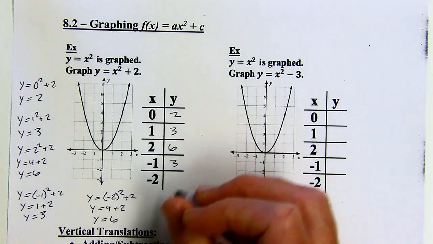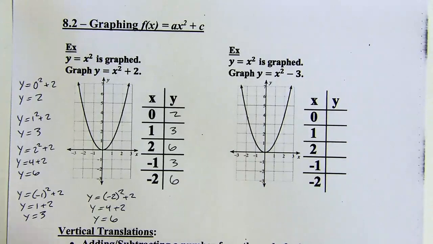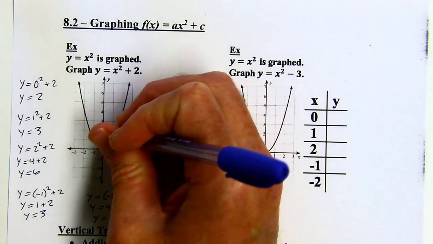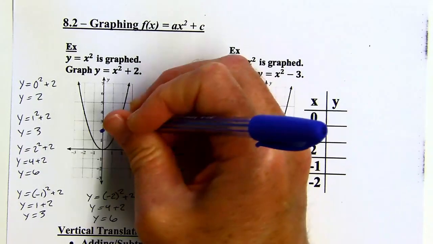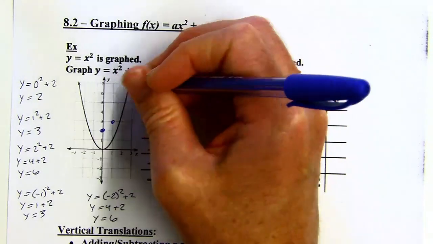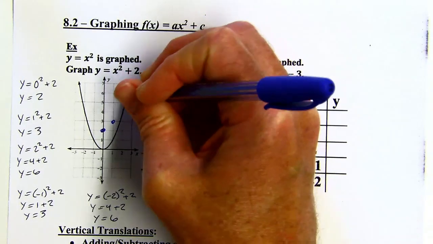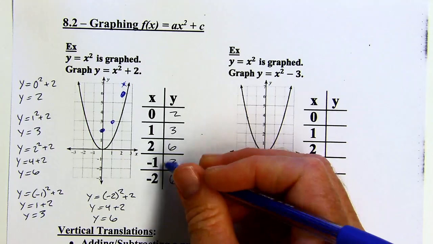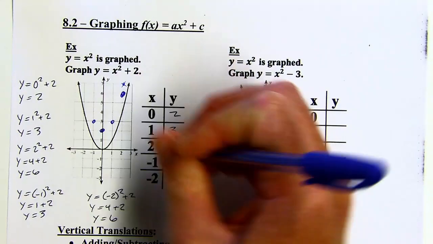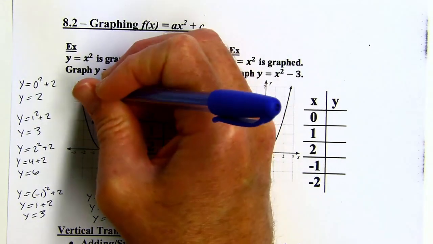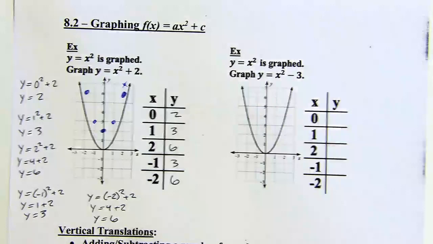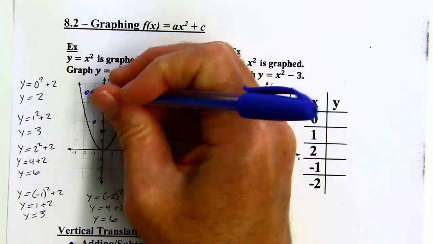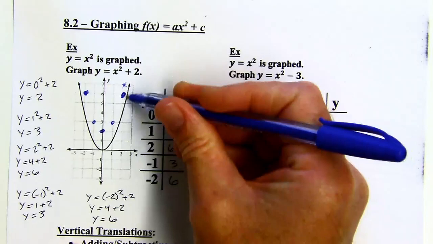Okay, so let's plot these points then. So 0, 2 is right here. 1, 3, and 2, 6. Oops, 2, 6 is right there, not right there. Sorry. And then I've got -1, 3, and -2, 6. Okay. And so, sorry, that's a mistake there, right? I meant that's supposed to be that point.